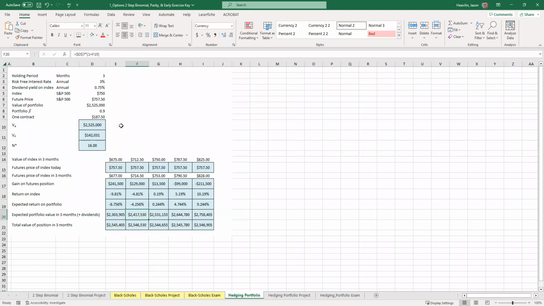Here would have been a situation where you would have gone from 2,525,000 to 2,417,000. You would have lost money, but because you did apply the hedge, you take this, add it with that, and you're at 2,546,000. Still a little more, so you actually made a little money, but what's important is that you did not lose money. That was the intent of the hedge.